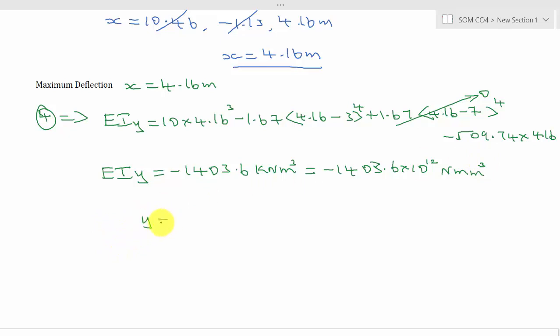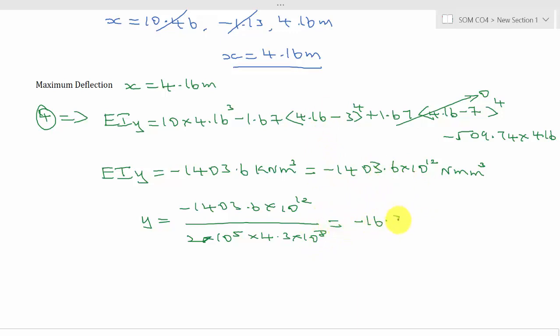Further, Y is equal to minus 1403.6 into 10 power 12 divided by the E value, which is given as 2 into 10 power 5, and the I value, which is given as 4.3 into 10 power 8. Okay, so if I solve this, then I will get Y is equal to minus 16.32 mm. So that is my maximum deflection.